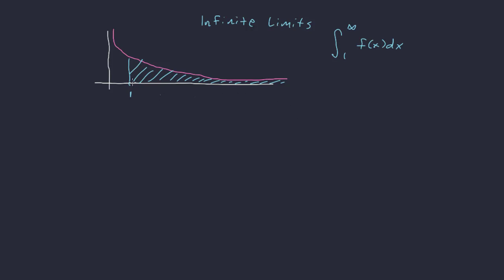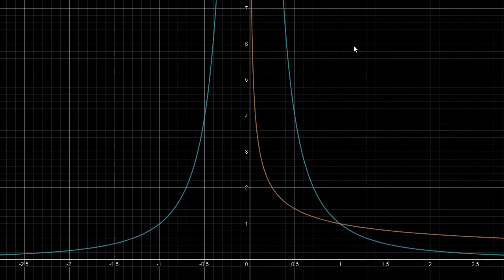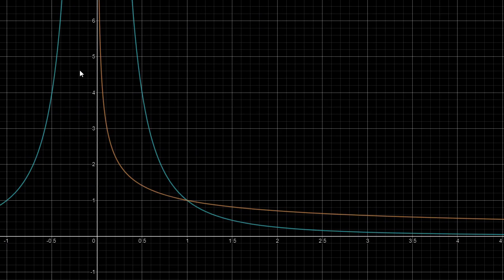Okay, now the next type of improper integral is, well, if we could do it one way where the function blows up vertically, we can also do it for the horizontal asymptotes where the function levels off over time, right? So if we go back to our graphs, it's the same graphs we were looking at before. The 1 over x squared is here in the blue.